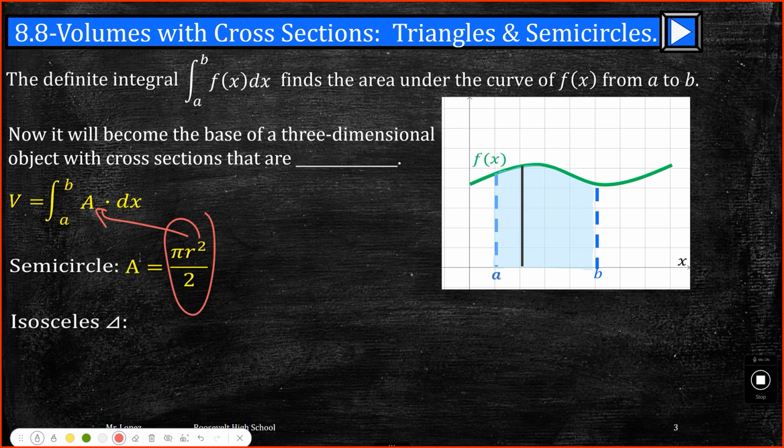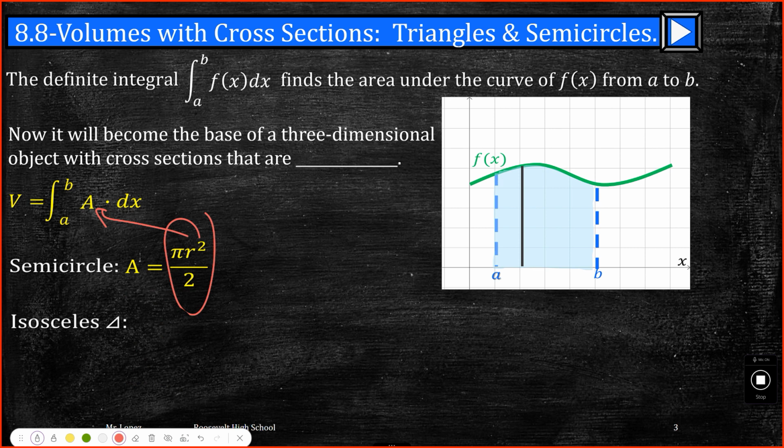If it's an isosceles triangle, isosceles means that two sides are the same. This is almost an equilateral triangle, but isosceles is that two sides are the same. What would be the area of something like this? What would be the formula for an isosceles triangle?